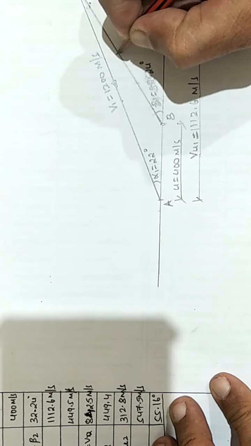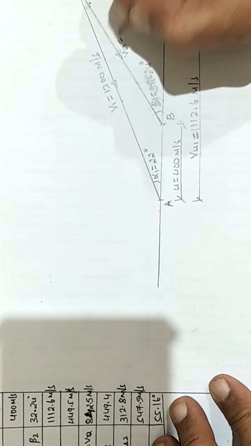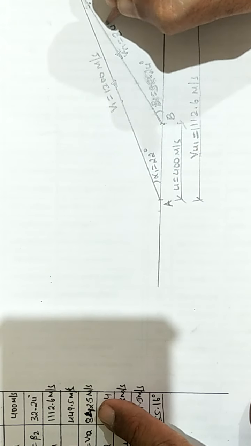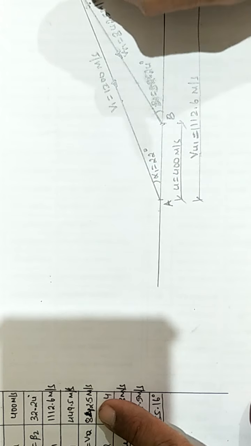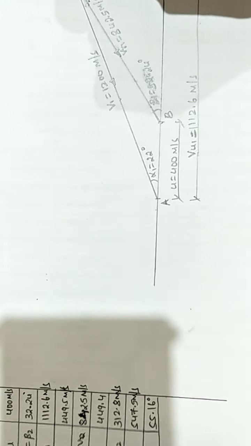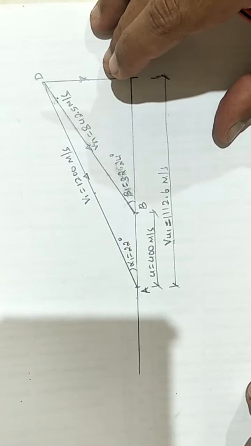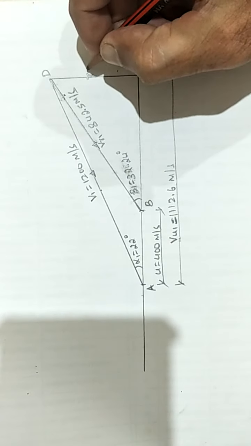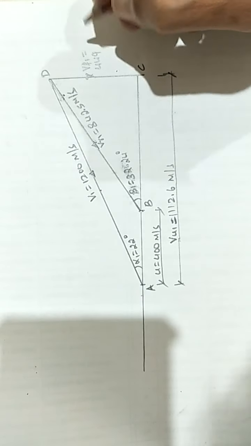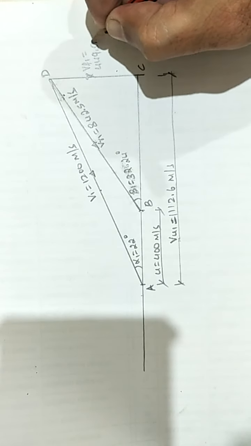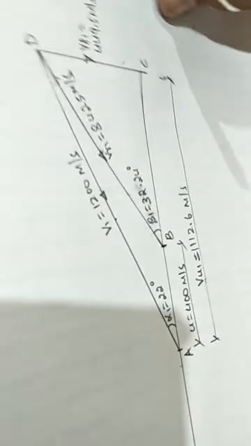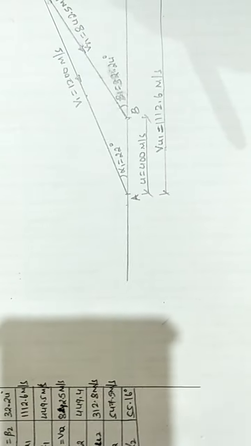VR1 is 842.5 meters per second, and VF1 is 449.5 meters per second. So this is the value of VF1.